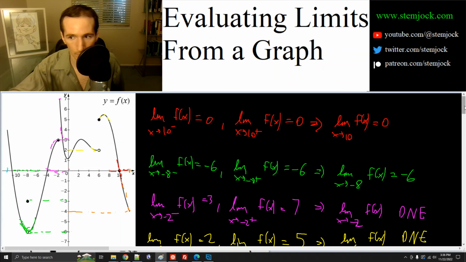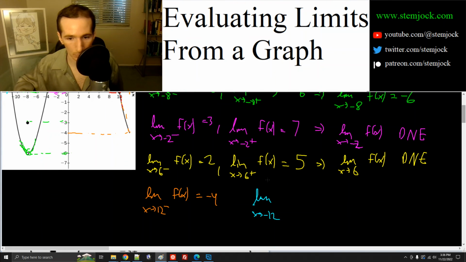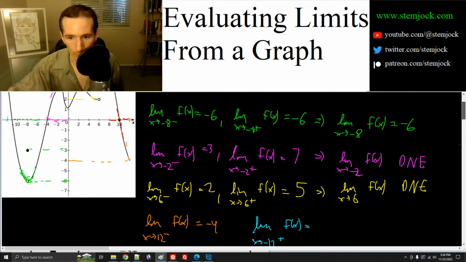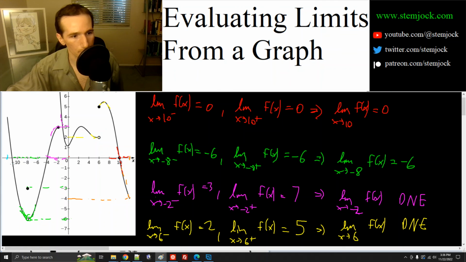So we put a plus sign here. And now we look at the y value as x goes to -12. It goes higher and higher, and the y value is +4.